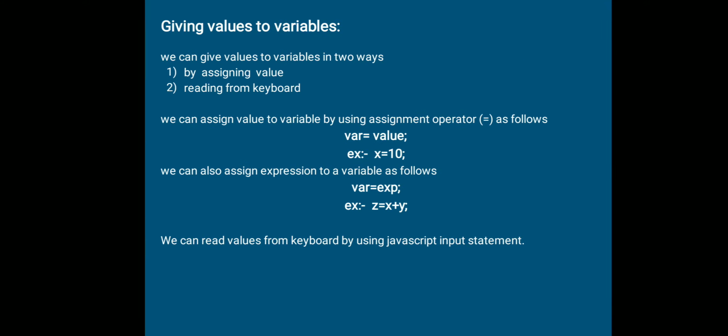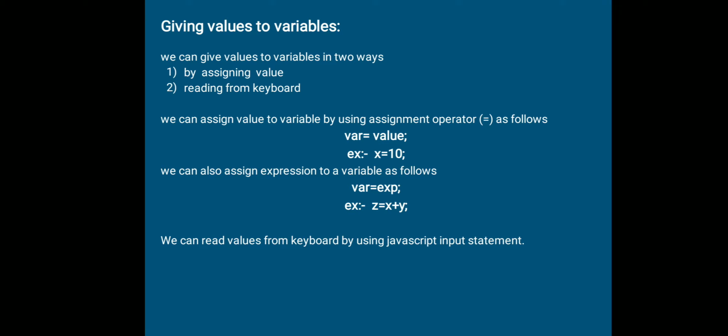Now we'll see how to give values to variables. Now we have seen declaration of a variable, and whenever you want to access the variables, you have to give a value to the variable. There are two ways of giving values to variables. First one is by using assignment. Second is reading from the keyboard.